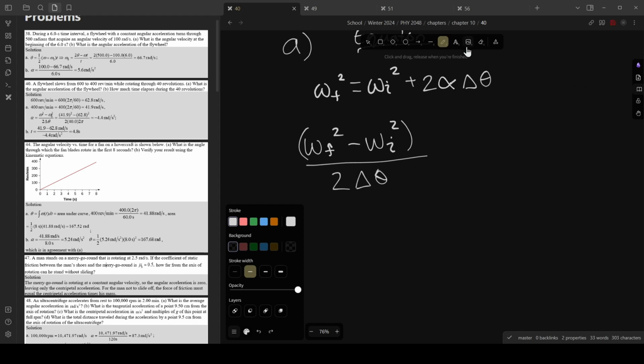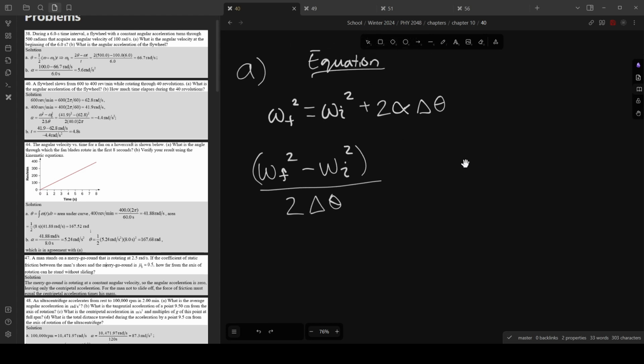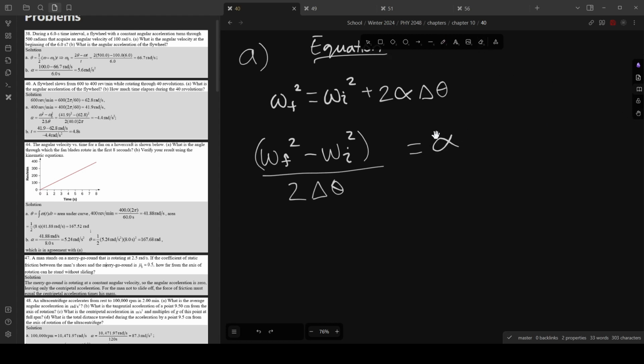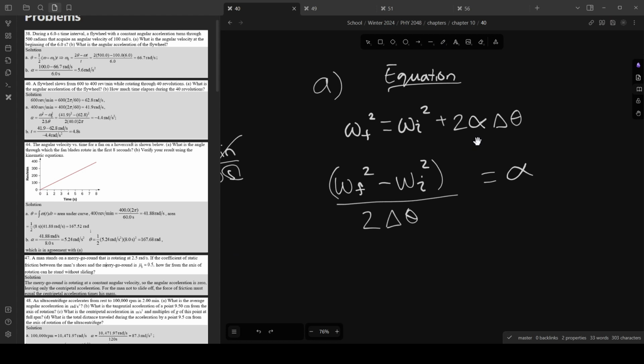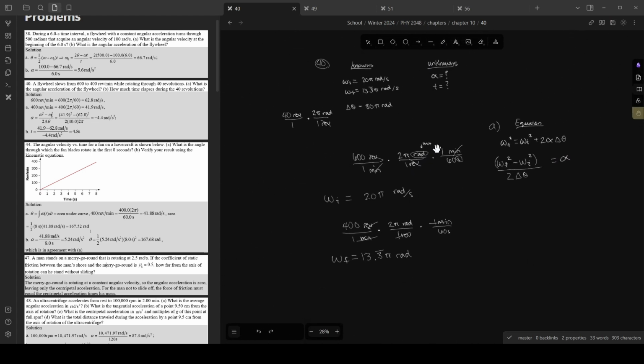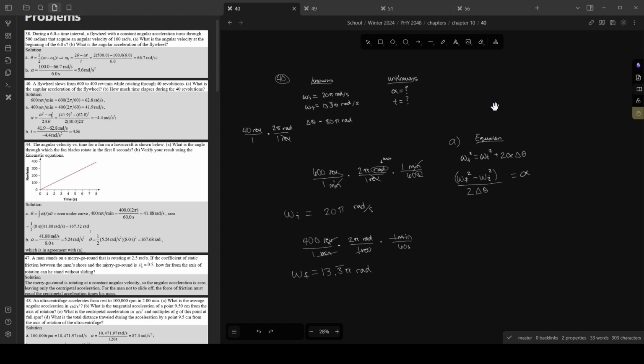Anyway, so this is going to be equal to alpha, our angular acceleration. And so now we want to plug in everything we know and just plug it into your calculator.